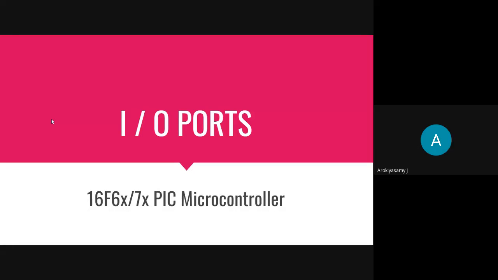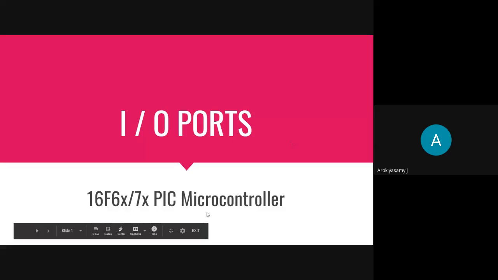Okay, welcome friends. Today we are going to discuss the I/O ports of the PIC microcontroller. These are the peripheral functions associated with the microcontroller. I/O ports are a very important part of the microcontroller.